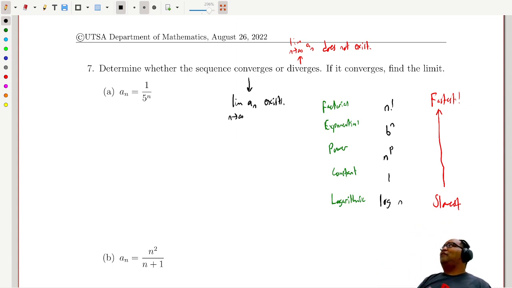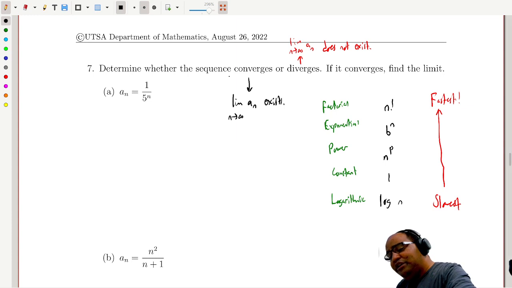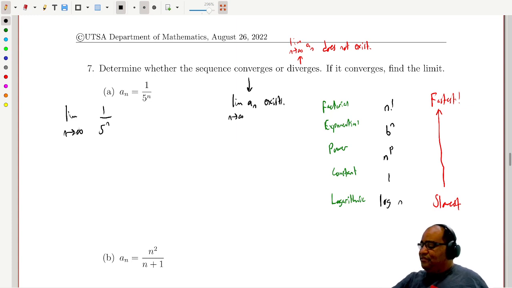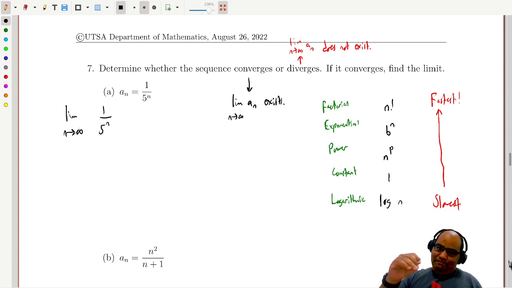We have a sequence, 1 over 5 to the n. Does the sequence converge or not? So we're asking, does this limit exist? We are looking to compute the limit as n goes to infinity of 1 over 5 to the n. Well, I have a constant function being divided by an exponential function. The exponential function grows much faster than a constant function.